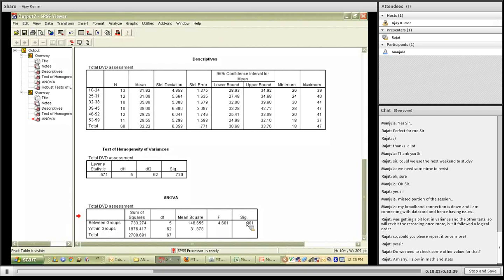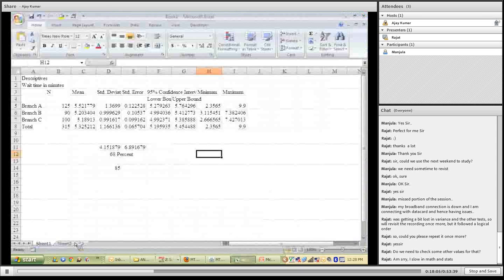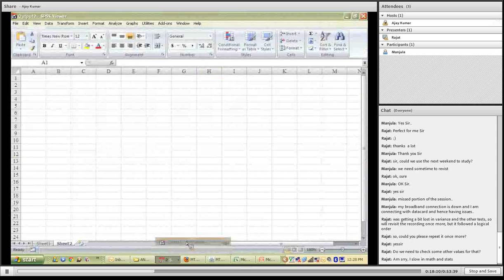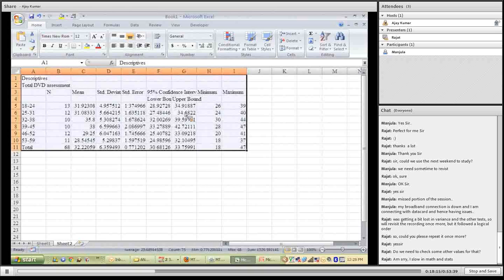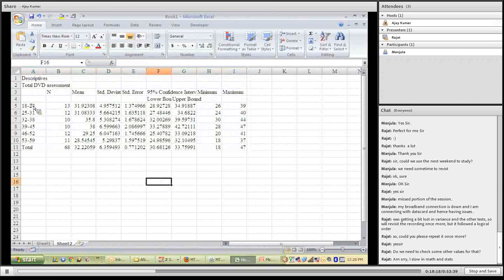Now, something which is very important here. I'm getting on to this new sheet and taking this table to this point. Now have a look at this. How many groups are these? These are 6 groups. You can see the count is 6 here. So we have 6 groups.